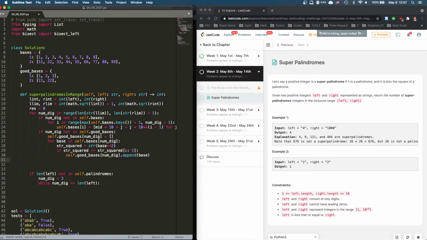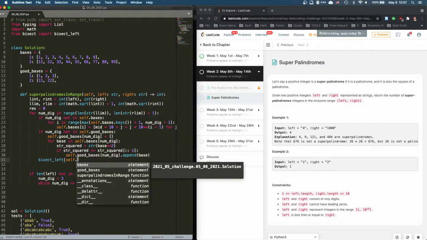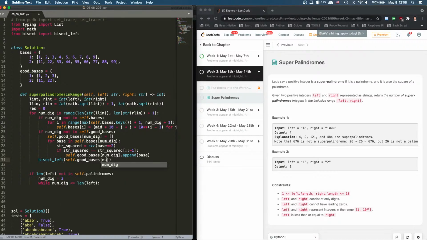So now we can do bisect, right? So when we run bisect, we run bisect left on self.good basis, num digit, right? That's the array sorted, and then we put our left limit into it. No, no, it depends.